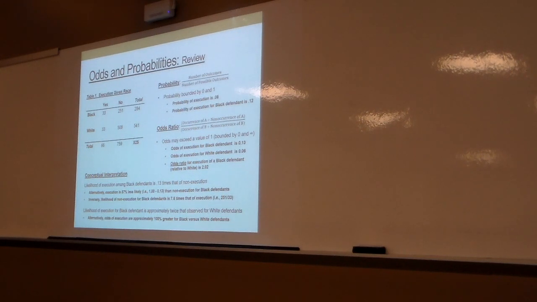Or if we're just interpreting the odds ratio, the likelihood of execution for a black defendant is approximately twice that observed for white defendants, right? This can be a tricky thing to wrap your head around, but do people see how we're playing around with these odds ratios and making some interpretations here?